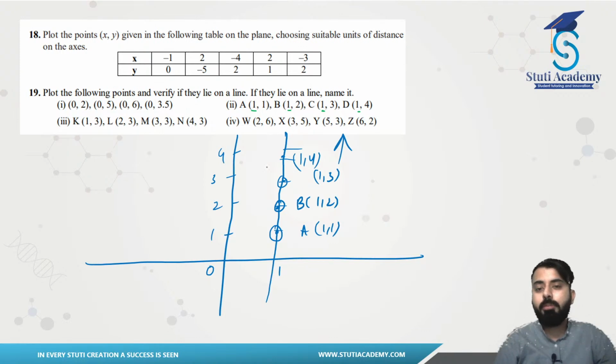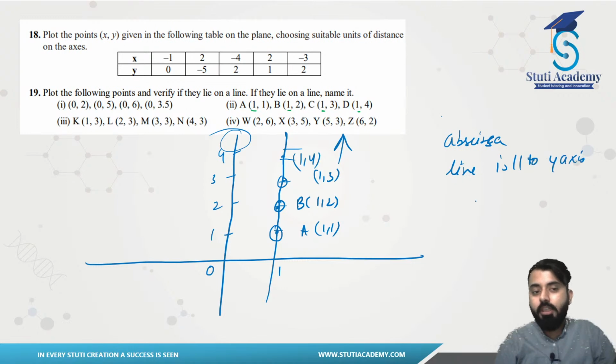I hope you guys remember. And always remember, if abscissa is same, line is parallel to y-axis. If ordinate is same, then line is parallel to x-axis.